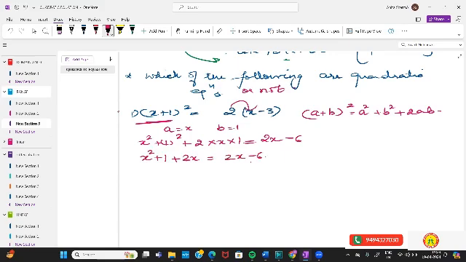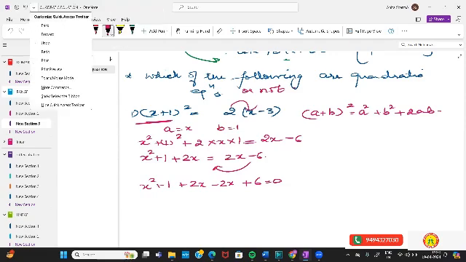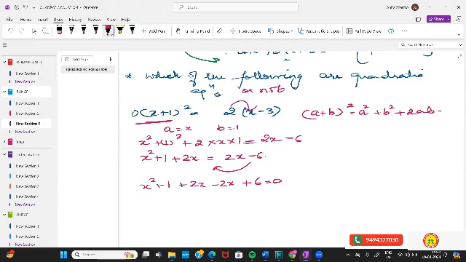Okay, so now transpose this. So x square plus 1 plus 2x minus 2x plus 6 will be equal to 0. So now 2x cancel. Then x square plus 7.